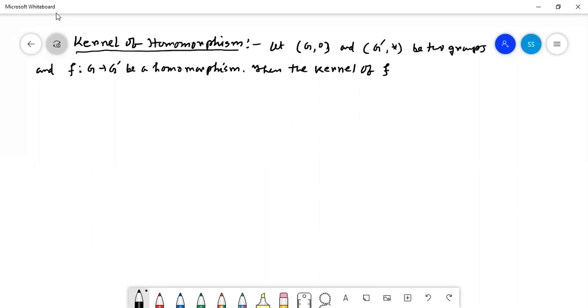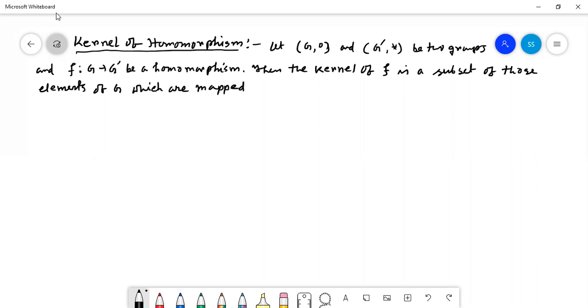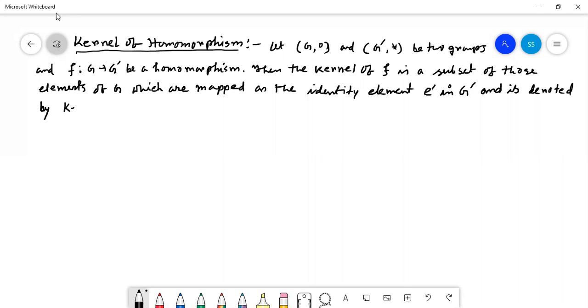Kernel of f is a subset of those elements of G which are mapped onto the identity element e' in G', and is denoted by ker f, capital K-E-R, ker f.